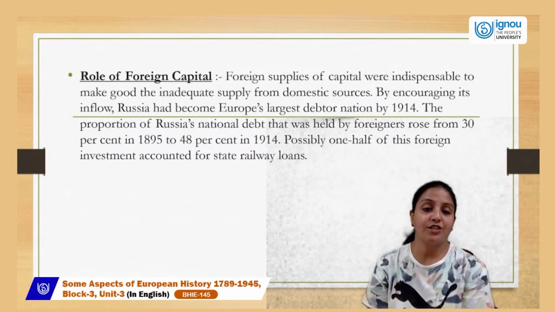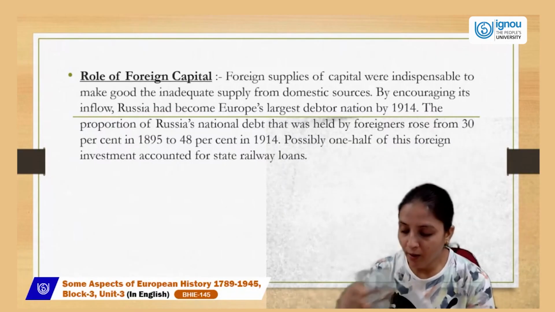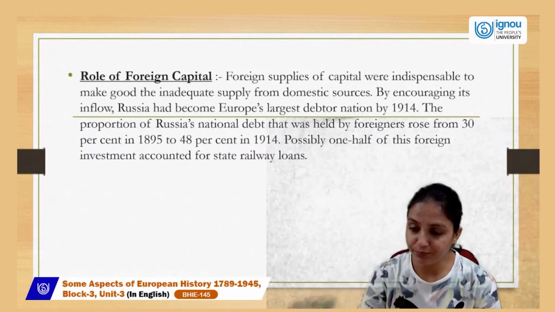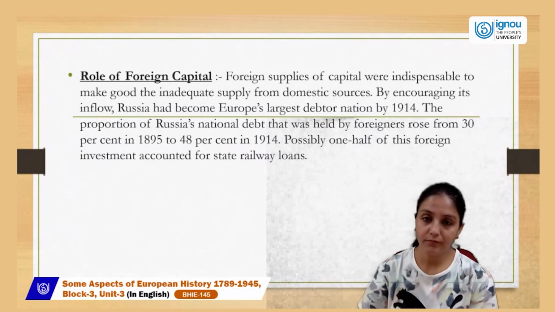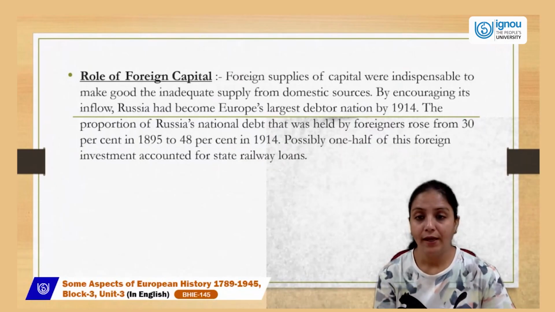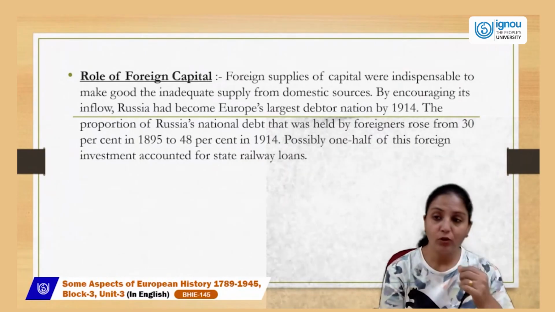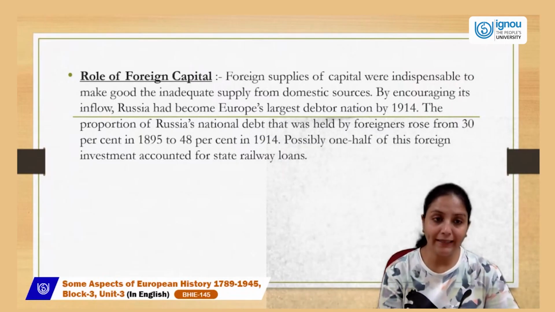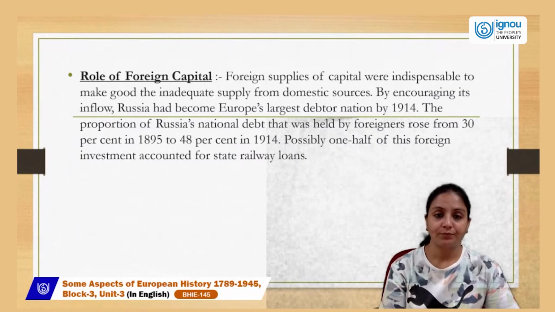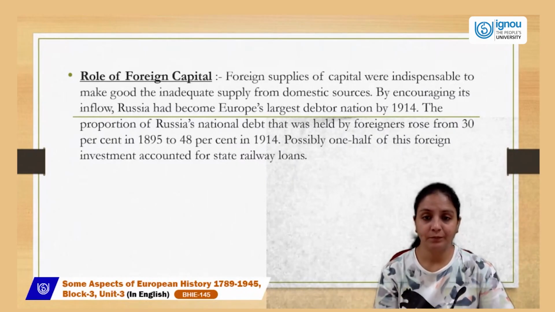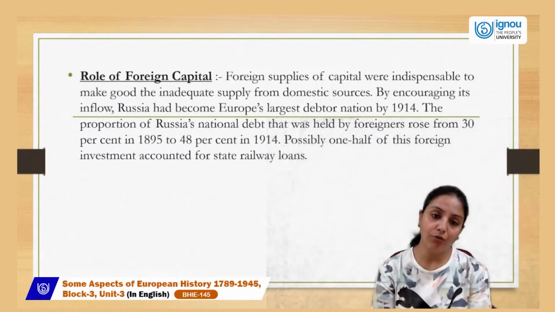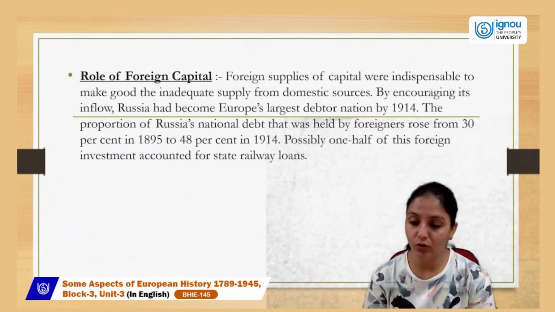The proportion of Russia's national debt that was held by foreigners rose from 30% in 1895 to 48% in 1914. Possibly one half of this foreign investment accounted for state railway loans.